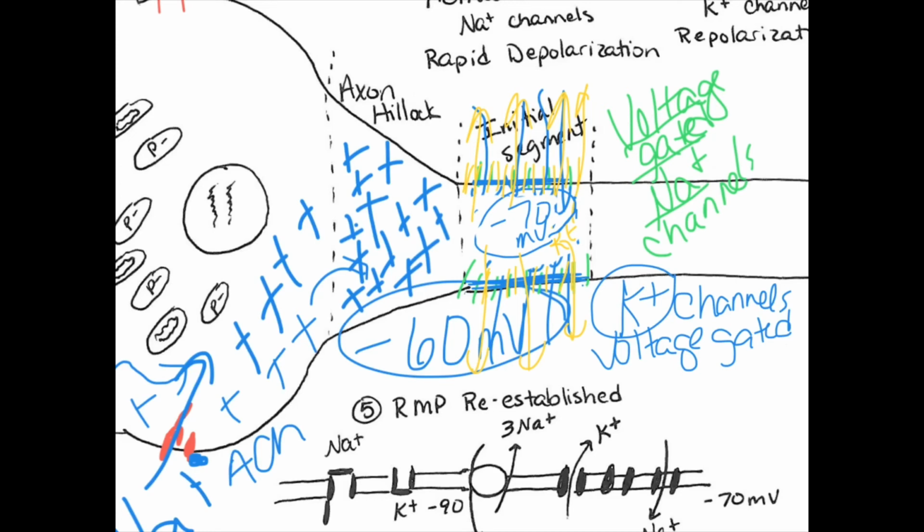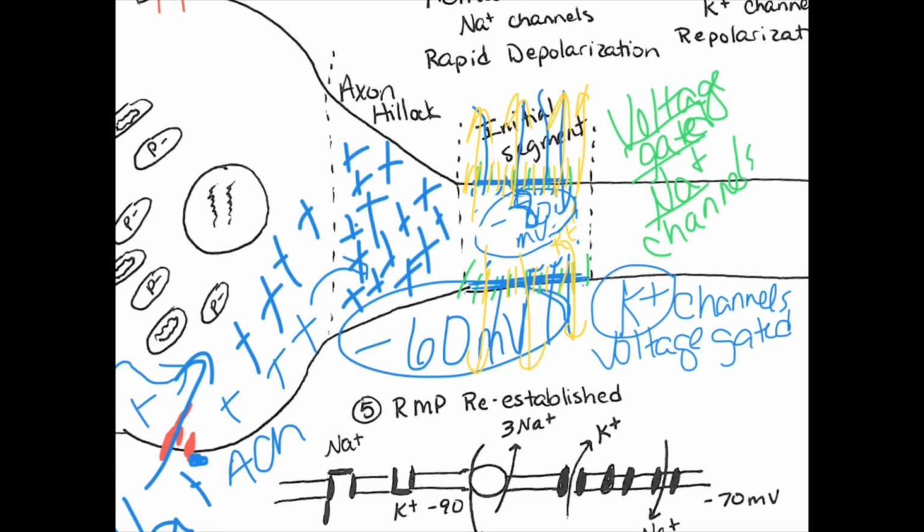They're not going to close all at once. So this rapid decrease in voltage is going to slow down. Some of the channels are still open, so that -70 is going to go all the way down to -80 because some potassium is still leaving the cell.